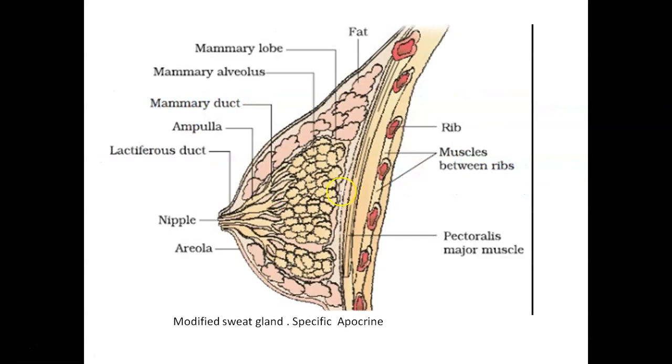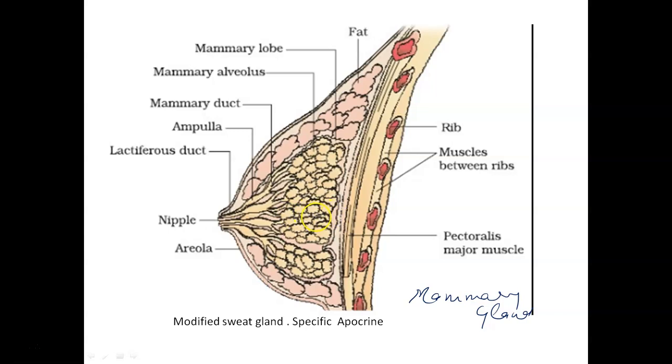Now the accessory organ which is present in females, which is also the characteristic feature of all mammals. What is that? This is the mammary gland. Especially we are discussing here the human mammary gland.